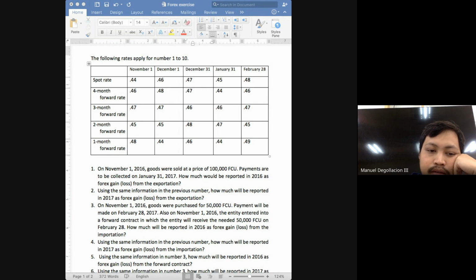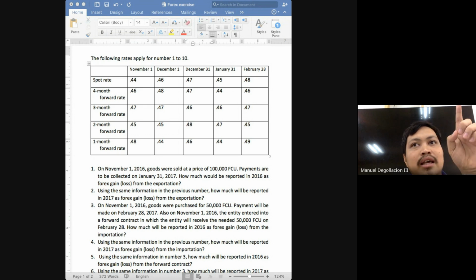But what would you be focusing on, class? If we're dealing with the forex gain or loss for your importation or exportation, what will you be focusing on? We already know that we will be using the spot rate. To what account are we going to apply your spot rate? You will apply it to your accounts payable for your importation and to your accounts receivable for your exportation.